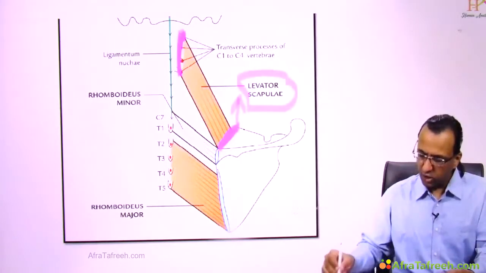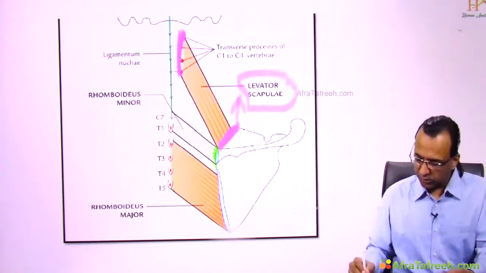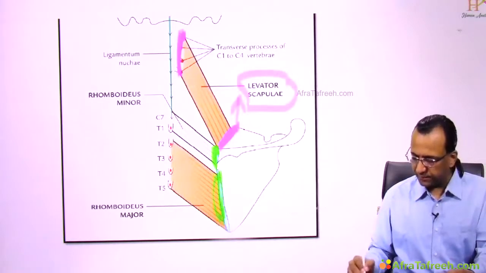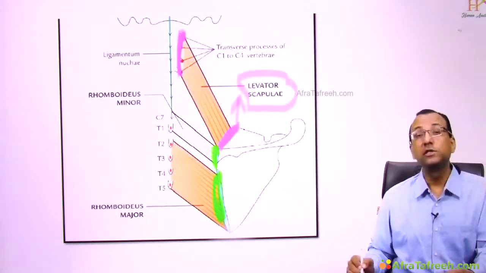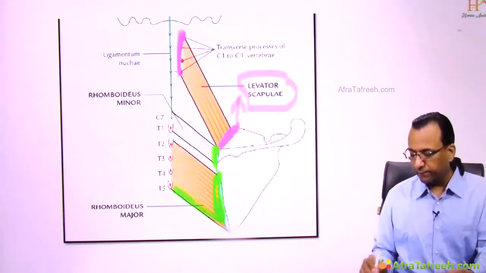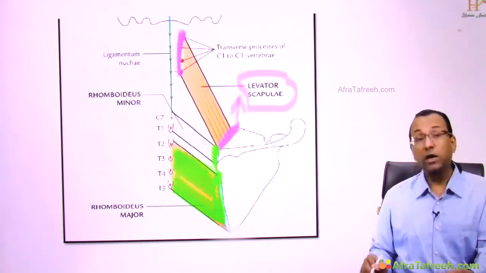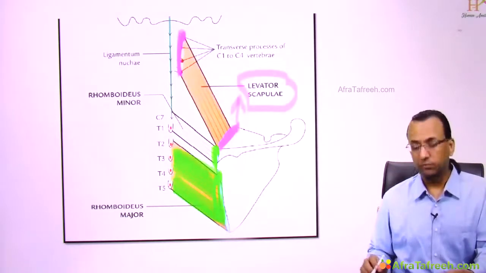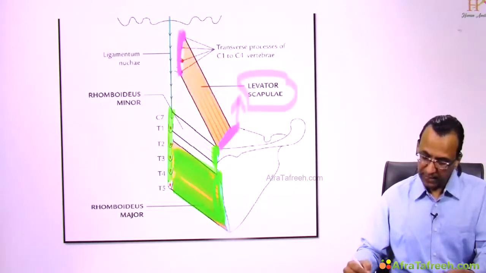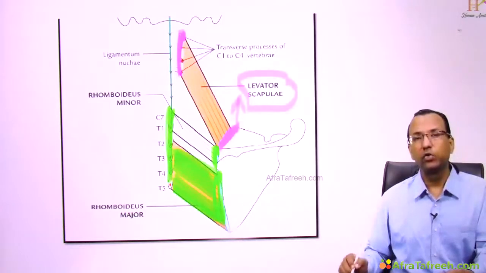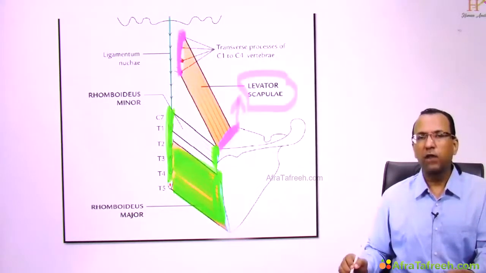And then you have the rhomboid major and minor. This is rhomboid minor, this is rhomboid major, and they insert on the dorsal surface of the medial border of the scapula, pulling the medial border. See, the origin is fixed, the vertebra, and the insertion is moving. Who is that? The scapula bone. And what are they doing?